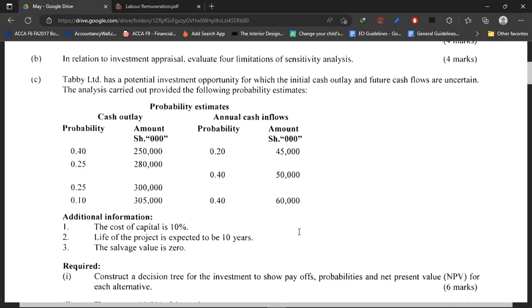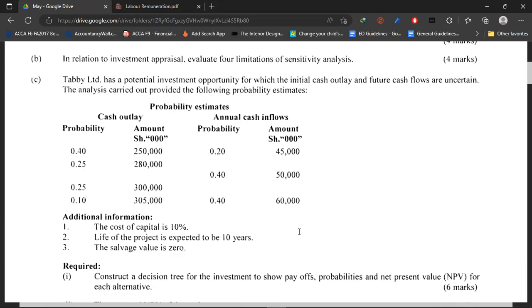We are required to construct a decision tree for the investment to show payoffs, probabilities, and NPVs for each alternative. Very good. You can see that the examiner is giving you the cash outlay. You have the decision to make whether to spend 250 million or not. Those are your decisions.